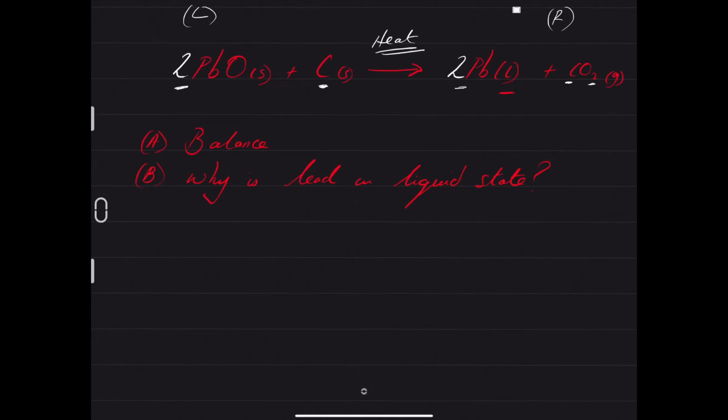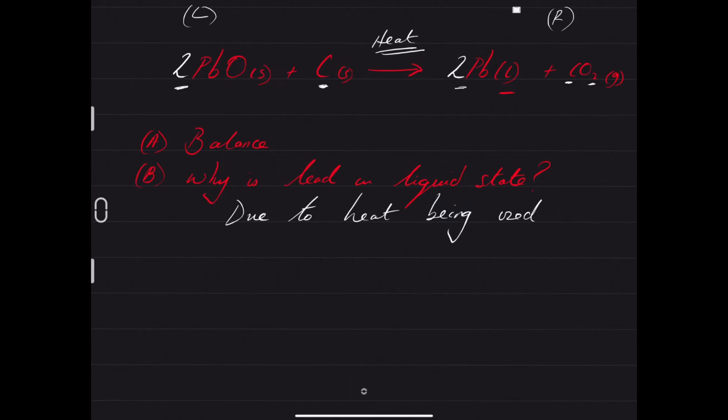It's in a liquid state. So because of the high heat required, the metal has melted, and that's why it is in a liquid state. Okay, so due to heat being used. Heat is one of the conditions when we reduce by carbon.